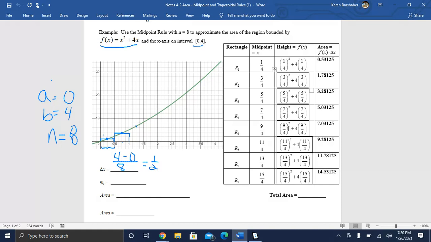So each time I'm using the midpoint of the interval as the height at which I'm going to draw my rectangle. And fortunately, I had things set up for us so that the midpoint of the interval is on a grid mark for us.